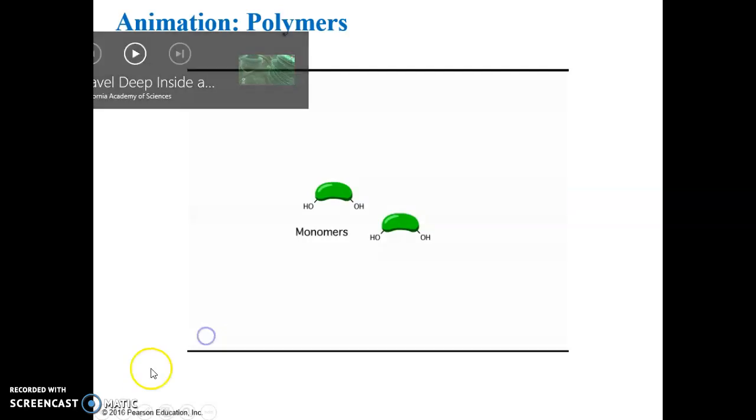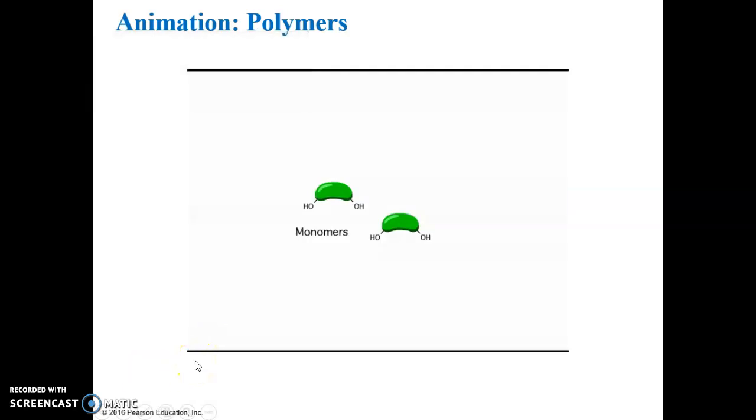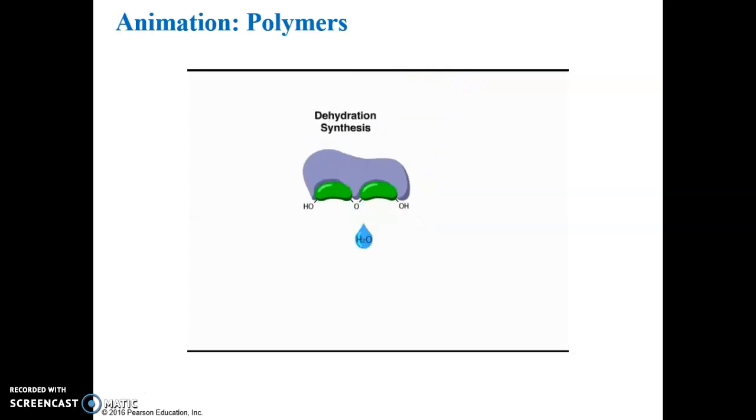Okay, here we go. Most biological molecules are very large and are built by assembling small molecules, or monomers, into long chains. The resulting molecules are called macromolecules, or polymers. A process of linking monomers, called dehydration synthesis, involves the removal of two hydrogen atoms and one oxygen atom to form water.